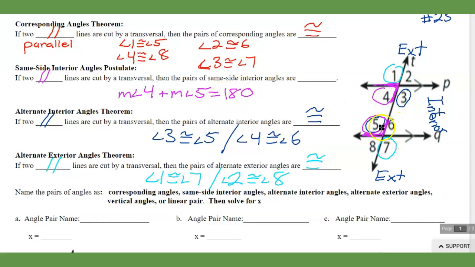And the measure of angle 3 and the measure of angle 6 is 180. These are supplementary. So I say that last because it's the only one that's not congruent on this particular page.